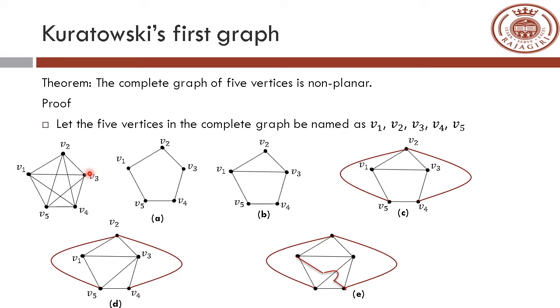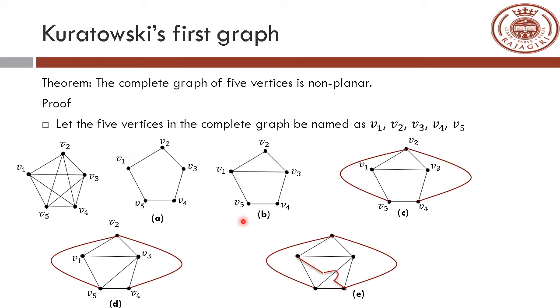In case A, we must have a circuit going from V1, V2, V3, V4, V5 and V1, that is a pentagon. This pentagon divides the plane into two regions. One is inside the pentagon and the second face is outside the pentagon.